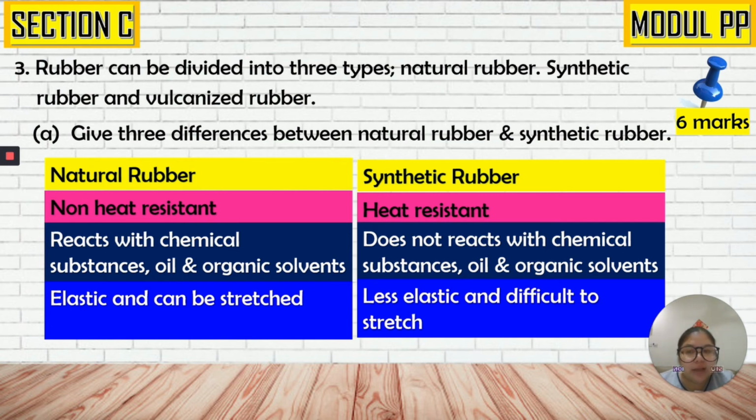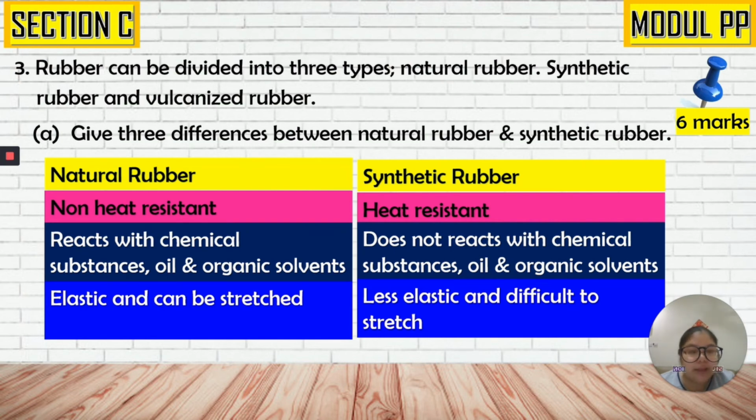Okay, you might say natural rubber is better compared to synthetic, but the original natural rubber we want to process again to become synthetic rubber. Why? Because the original is not strong enough, because it is pure. For example, you learned that pure metal is not strong.